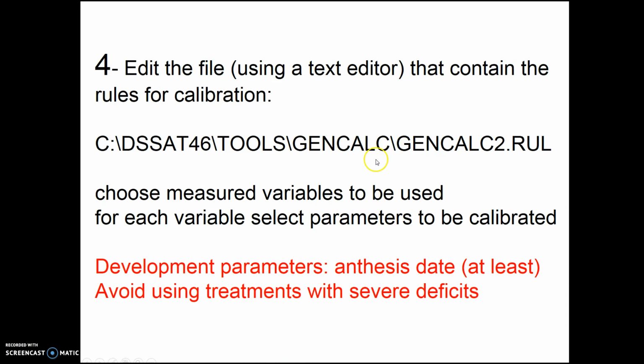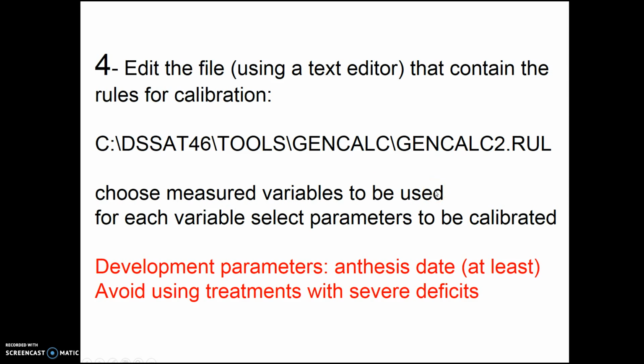The next step before performing the calibration is to edit the file that contains the rules of calibration. This is a general file that serves for all crop models in DSSAT 46, Gencalc2.rul, and it's included in the folder Gencalc within Tools within DSSAT 46. In that file, we will choose what are the variables to be used for the calibration.